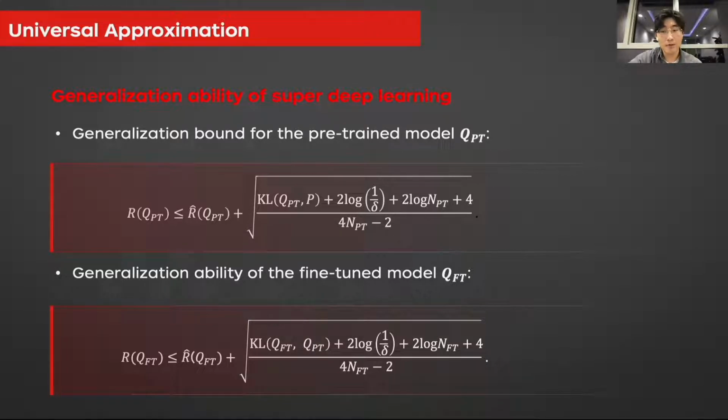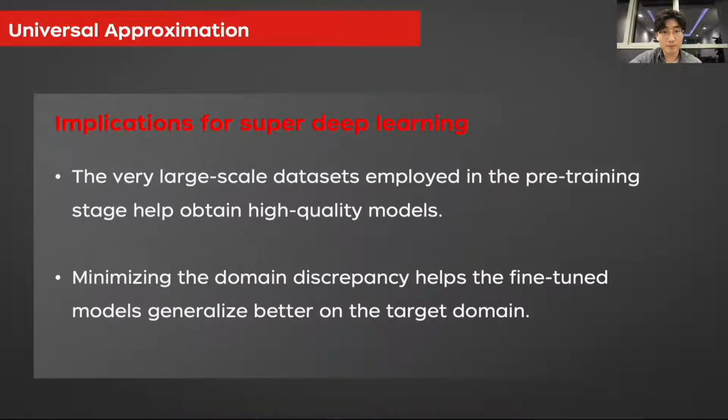Then we look at the second equation, which describes the generalization ability of the model after fine-tuning. The formula shows that the upper bound of generalization error of the model after fine-tuning is limited, and the generalization ability of the model is guaranteed.